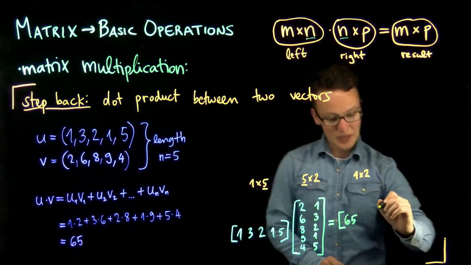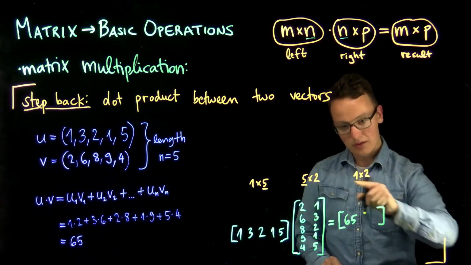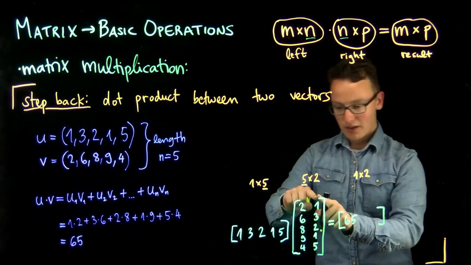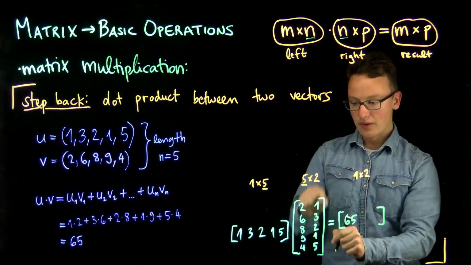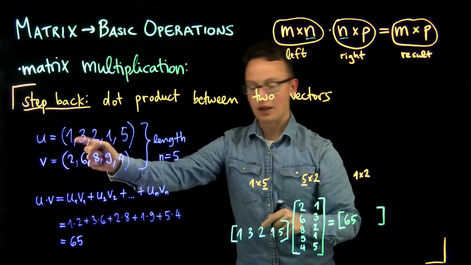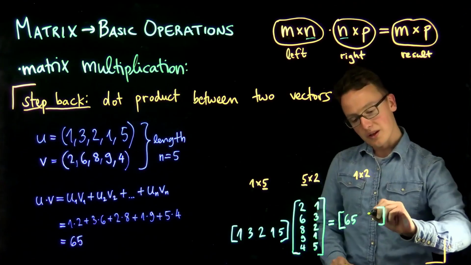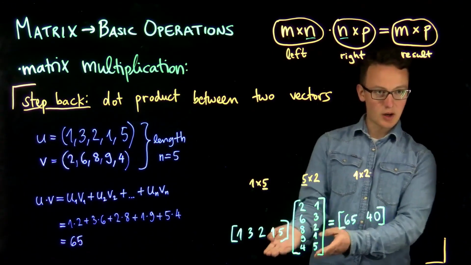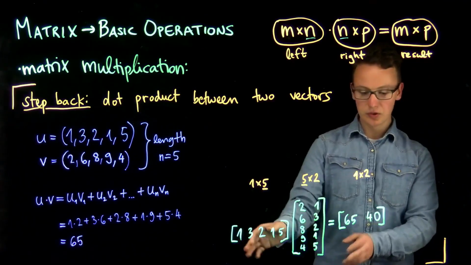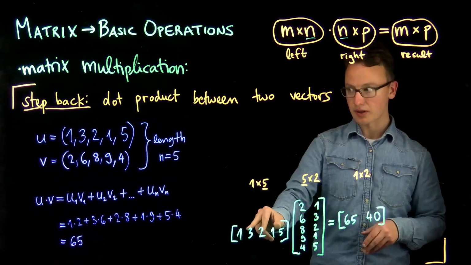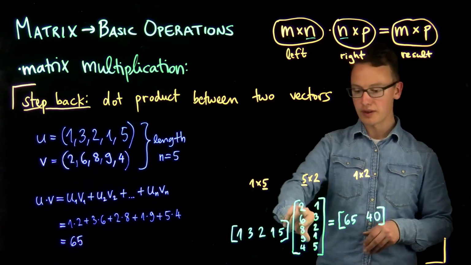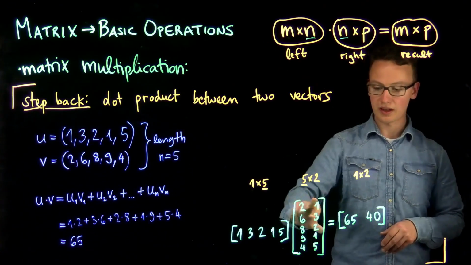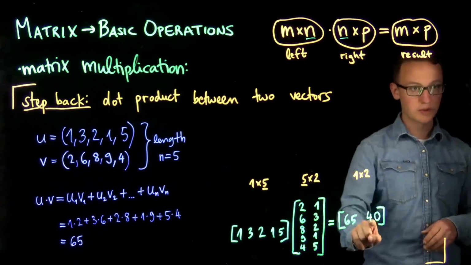And then we will have another cell here, so 1 row but 2 columns, and in the second cell we'll have the dot product of this row vector with that column vector, which is like the dot product of u with itself, which, as we saw earlier in R, would give us a result of 40, okay? So this is basically a compact expression of computing two dot products at the same time. So once the dot product of u with v, which gave us 65, and also the dot product of u with u itself, which gave us 40.